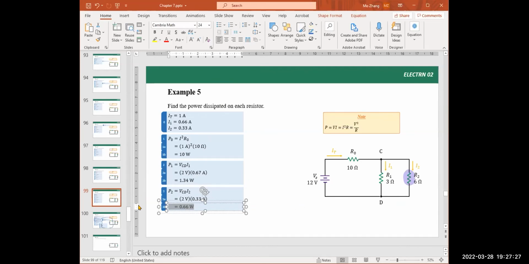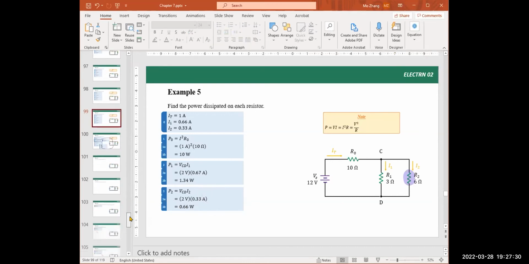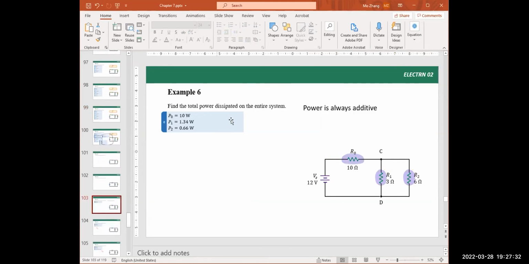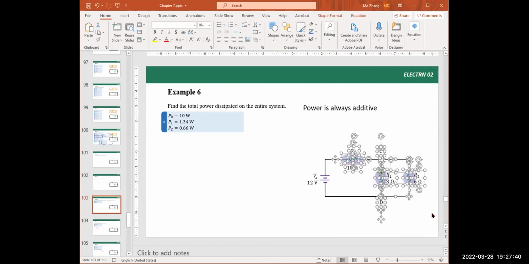No need to write them down, I already put this on the slide. So here we want to find the power dissipated on the whole system, a system of 3 resistors in a series parallel circuit.